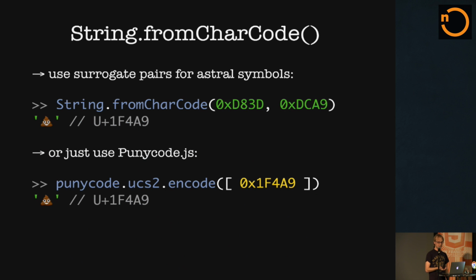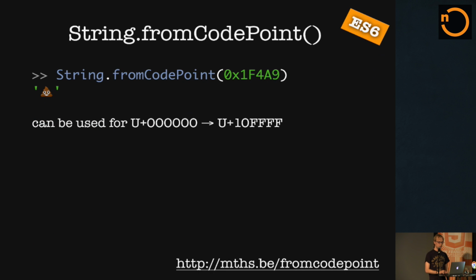But what would be even better is the new function that is coming in ECMAScript 6. It's called String.fromCodePoint. And it's pretty much exactly the same as String.fromCharCode, except that this one actually works, not just for code points in the BMP, but for any code point. And you can actually use this today if you want to by using the polyfill that I'm linking to at the bottom.